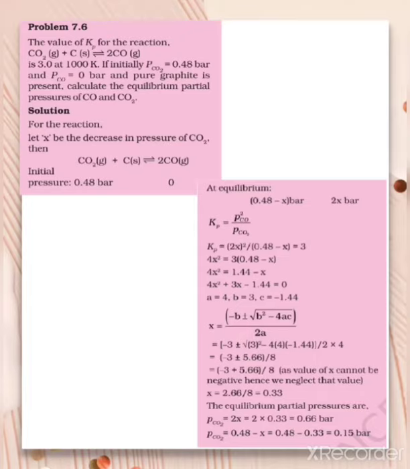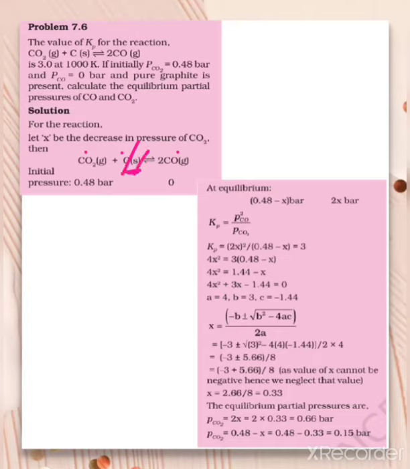In this, the equation we have to write first, that is CO2 plus C gives rise to 2CO. Here graphite is taken as pure graphite, so we can neglect its concentration. We will be concerned only about the other terms.